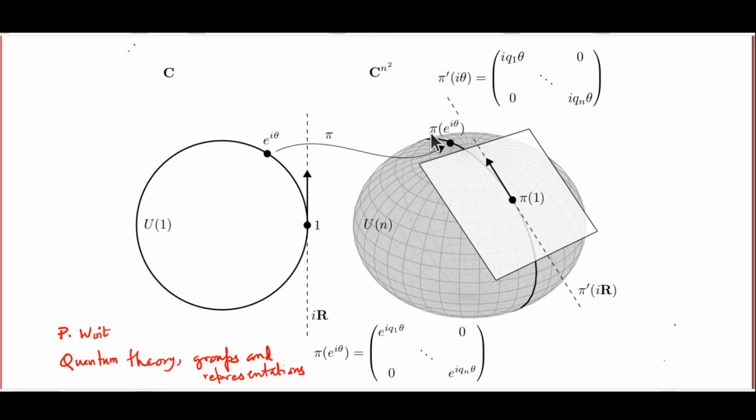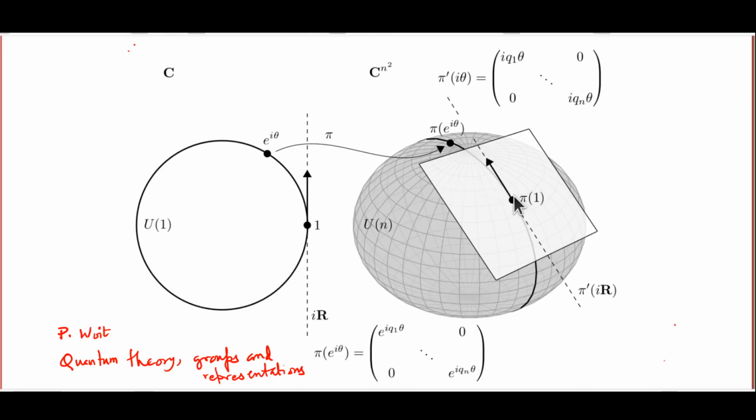Woit calls this pi, we have been calling it D. So the map which we called D so far is pi in this picture, and e to the i theta gets mapped onto pi of e to the i theta, which is of course our matrix with e to the iQ1 theta, e to the iQ2 theta down the diagonal, up to e to the iQn theta, the representation matrix that we talked about. This of course is a unitary n by n matrix, and a general point e to the i theta will map onto this.